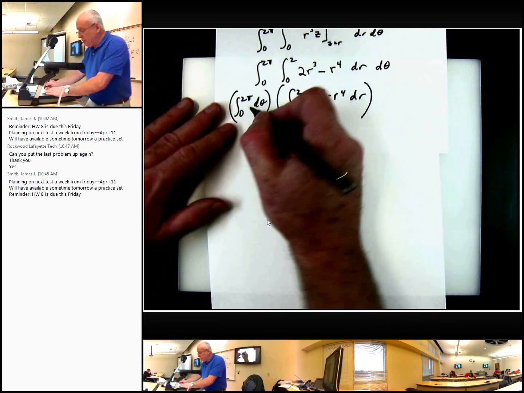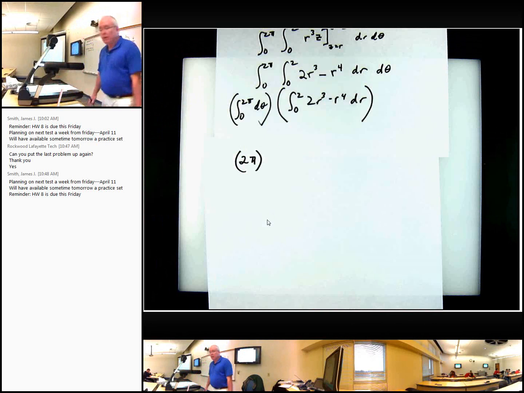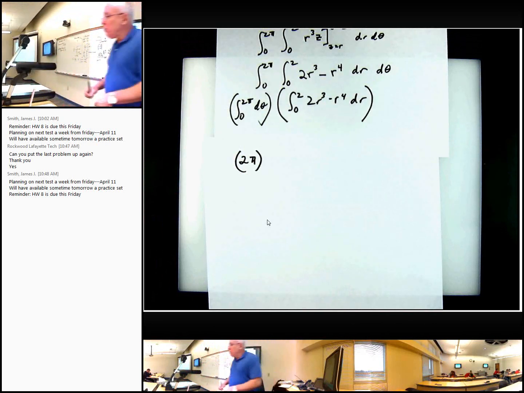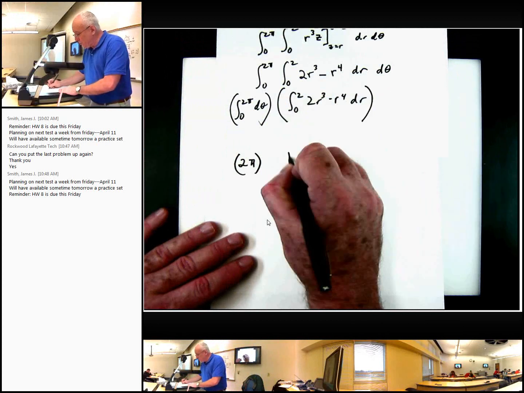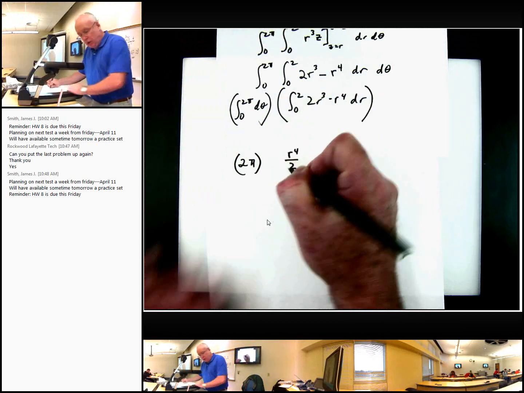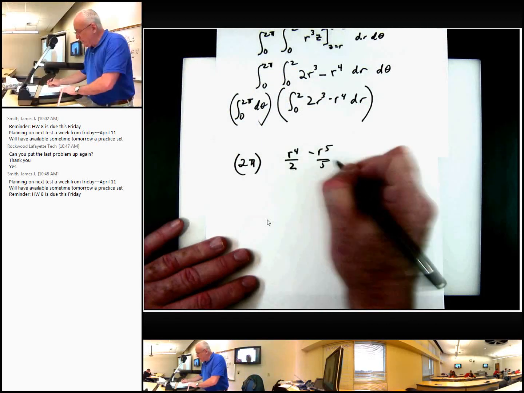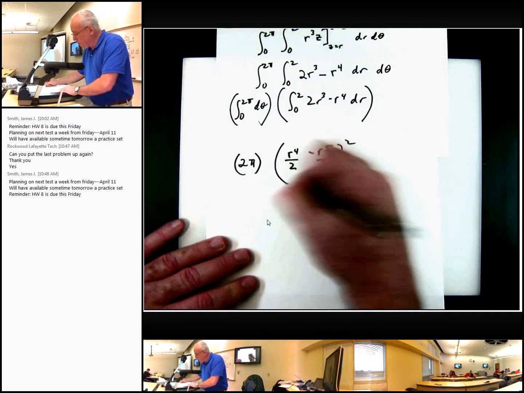So the first one is going to become 2 pi when we get that antiderivative. The second one, when we get our antiderivative, is going to be 2r to the fourth over 4, so that's r to the fourth over 2, minus r to the 5 over 5, and then that's going to be from 0 to 2.